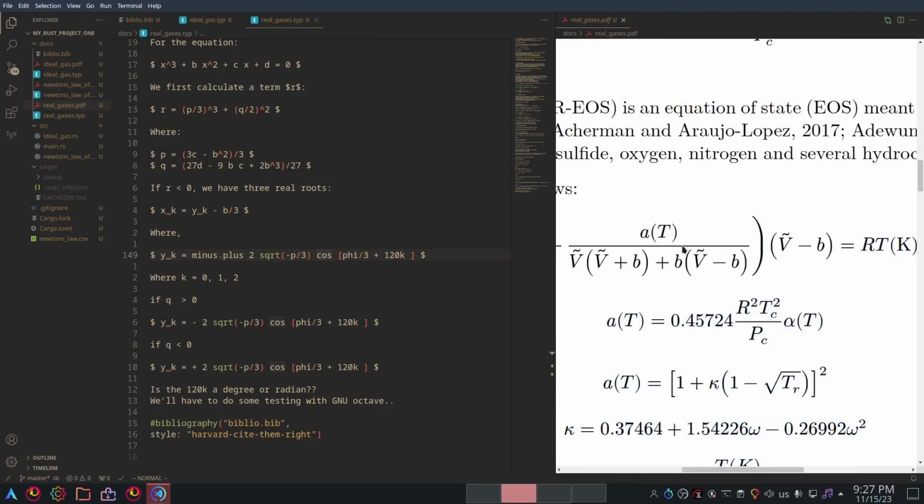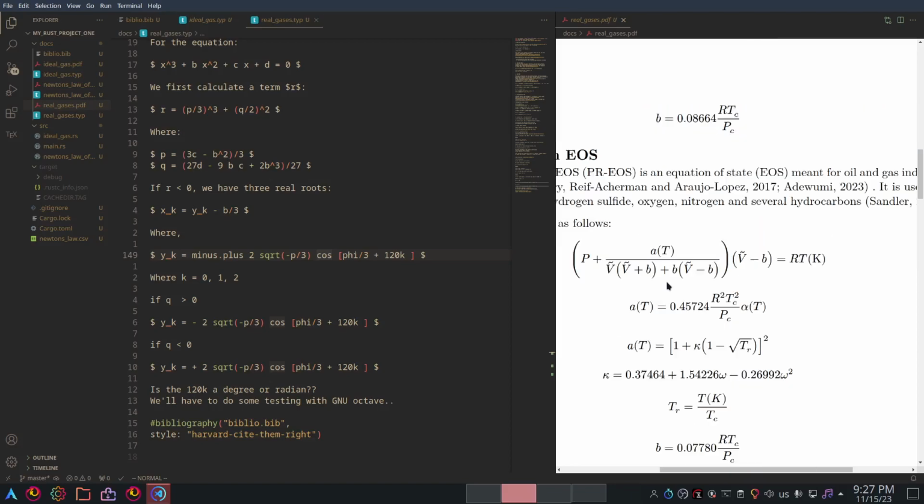Now, if you want to solve for, let's say, pressure, it's quite straightforward. You just substitute all of these things over here, the volume, over here and over here.